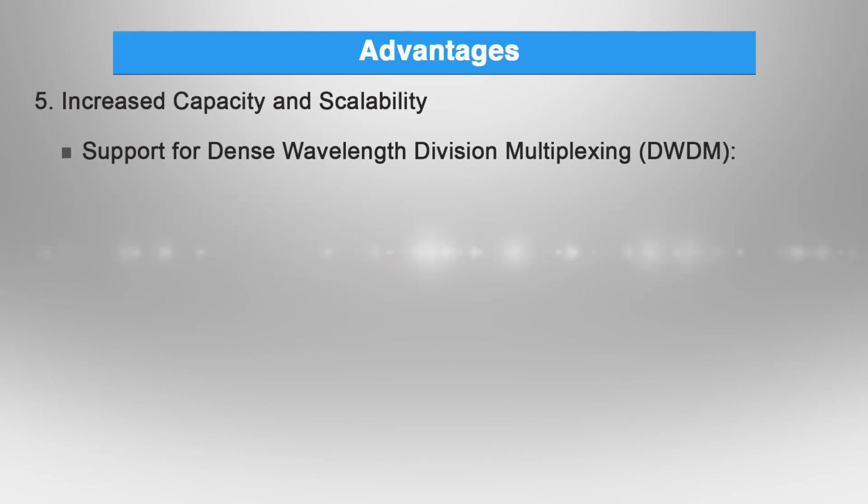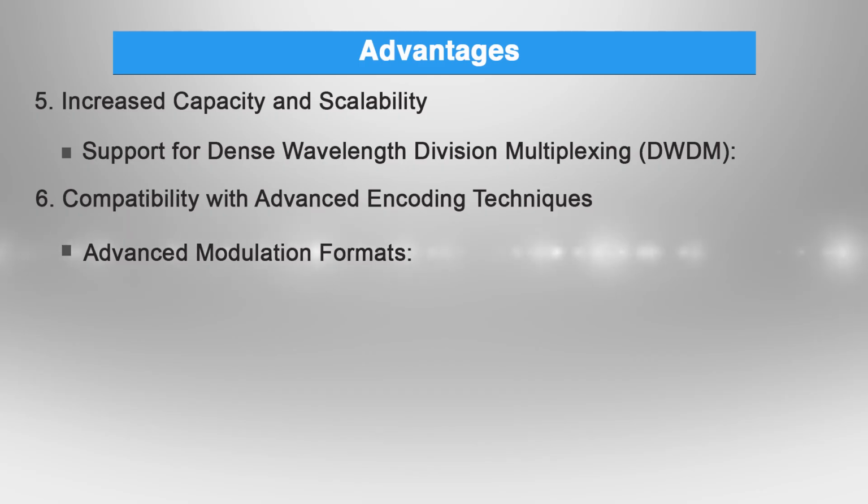Next advantage is increased capacity and scalability, which means support for dense wavelength division multiplexing, DWDM. Optical modulation techniques enable the use of DWDM, which allows multiple data streams at different wavelengths to be transmitted simultaneously. This significantly increases the capacity of optical networks.